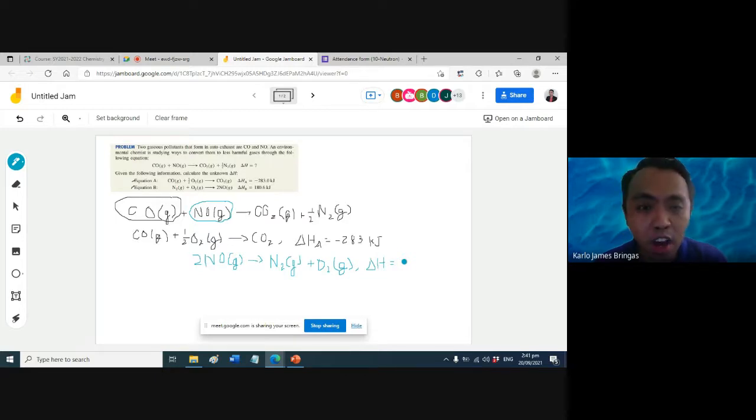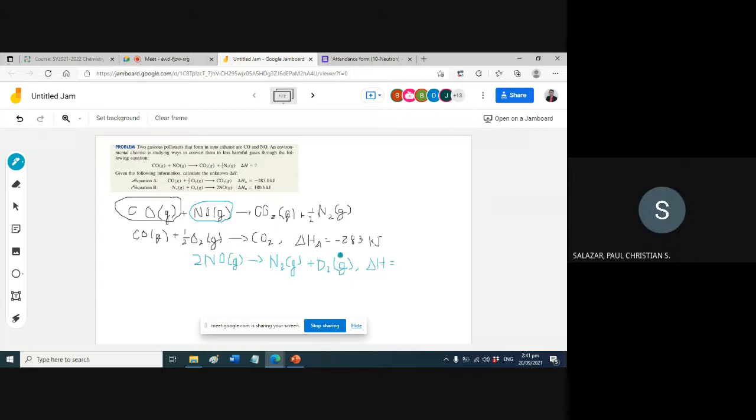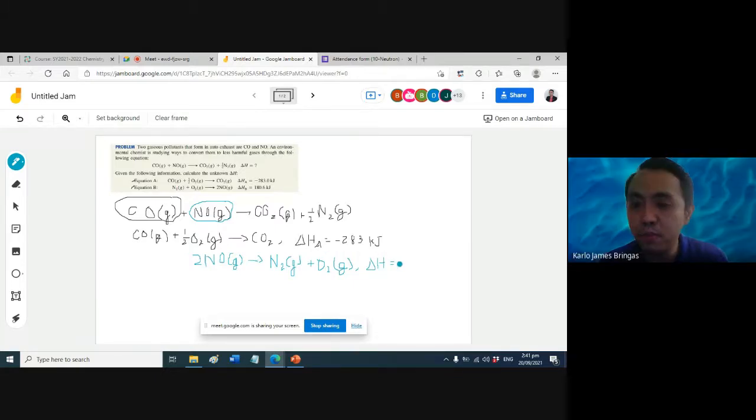So how much is the new value ni delta H after ko gi-reverse si equation B? Negative 180.6 kJ, sir. Okay, thank you so much. So that's negative 180.6 kilojoules.